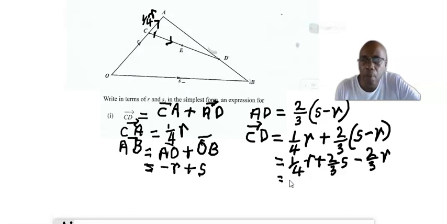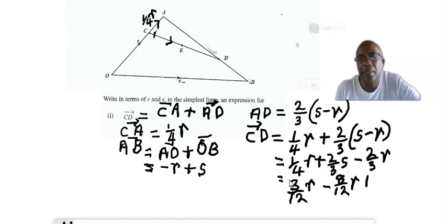A quarter, bring it to the denominator 12, we multiply by 3, so we get 3 over 12 R, minus 2/3 R, we multiply by 4 to bring it to 12, so we get minus 8 over 12 R, and then you have the plus 2/3 S.